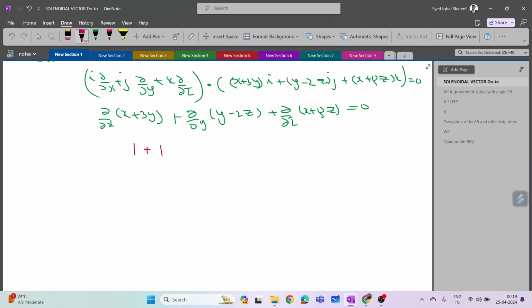Dou by dou y is 1, and the other part is 0, because we are partially differentiating with respect to x, y and z. So 1 plus 1 plus p equal to 0, or p equal to minus 2, because it is a solenoidal vector. This is finding the value of p if the given vector is solenoidal.